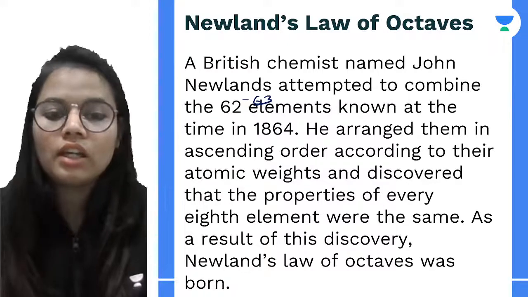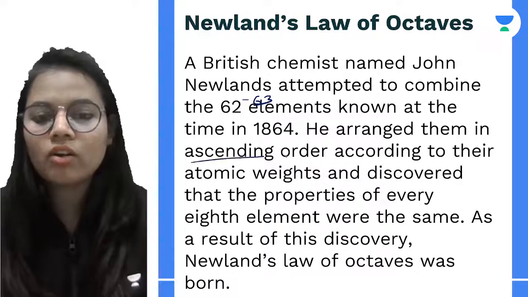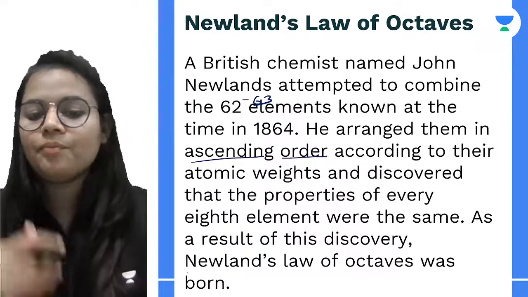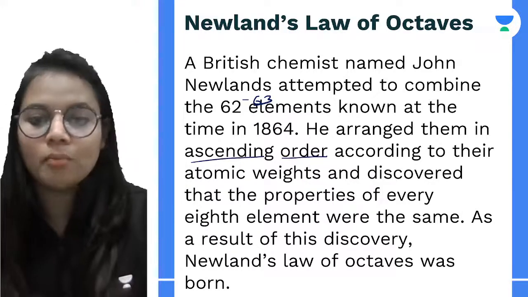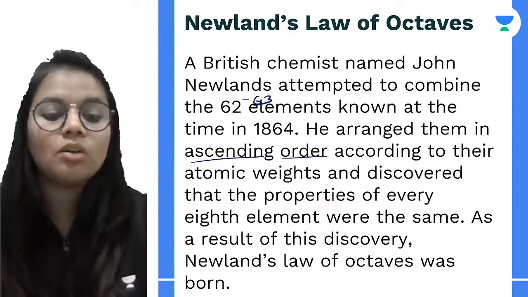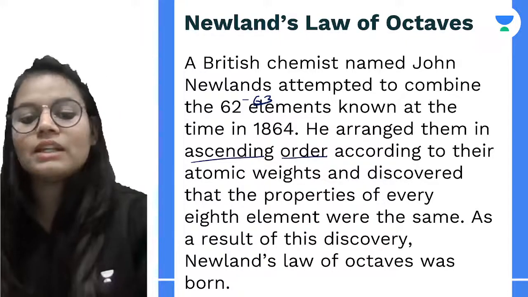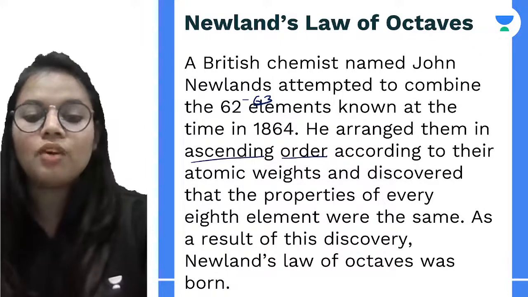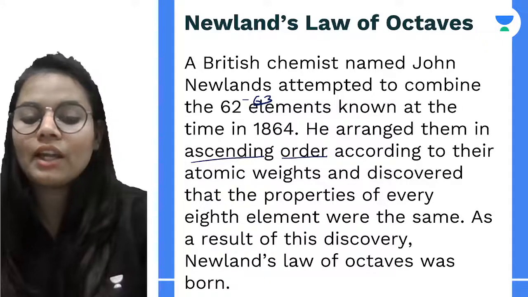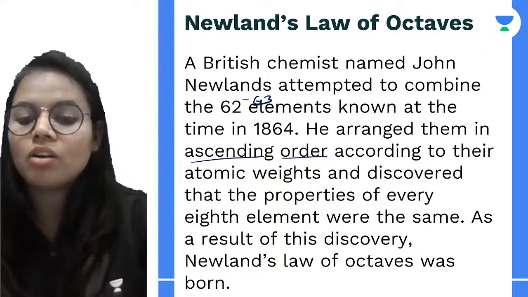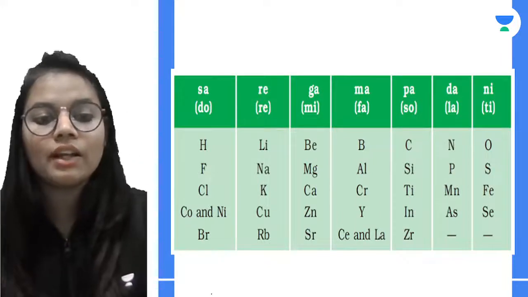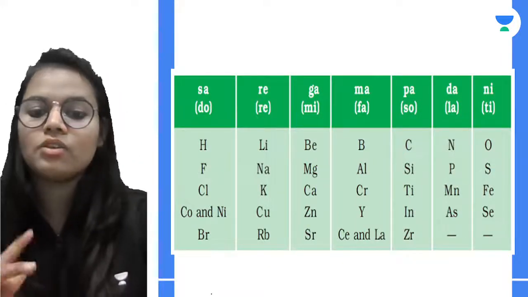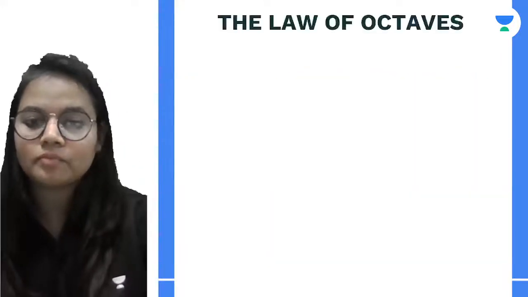First of all, he arranged them according to their increasing order of atomic mass. And he discovered a very unique, interesting thing. He found that the property of every eighth element was repeating or the same. This is how he first arranged the elements known at that time.